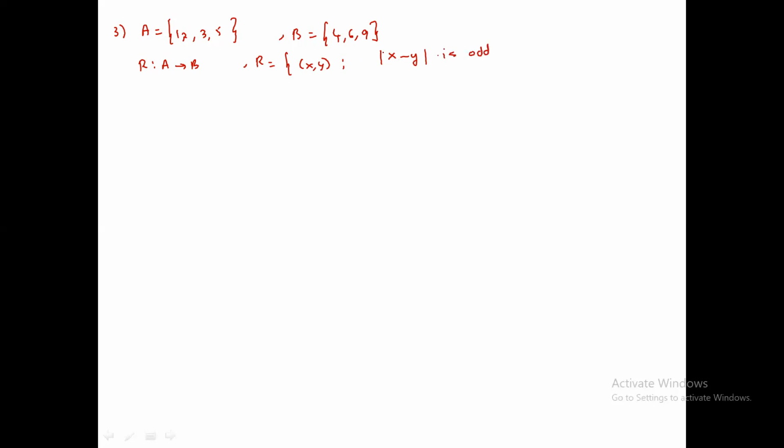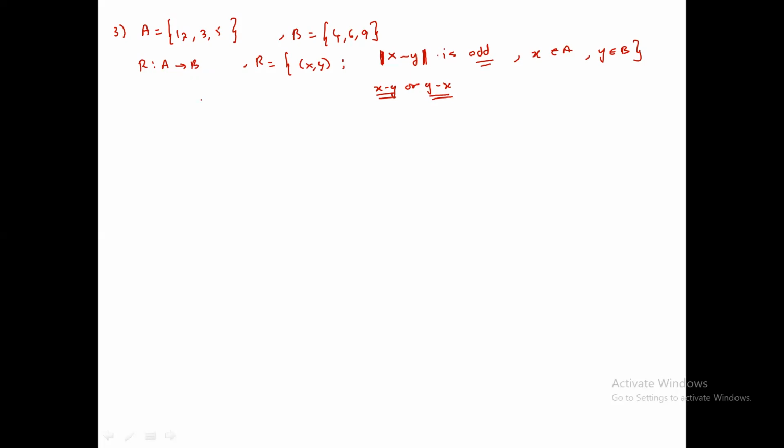Why did I take the difference between x and y like this? Because it can be x minus y or y minus x, but the difference must be odd. And then it is given x is taken from A, y is taken from B.